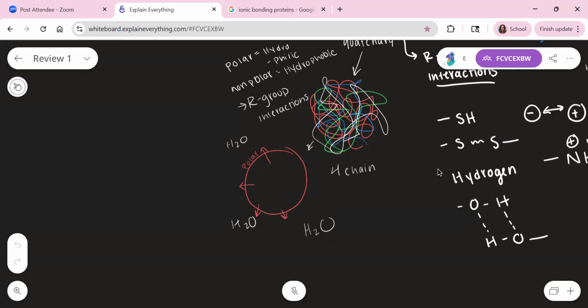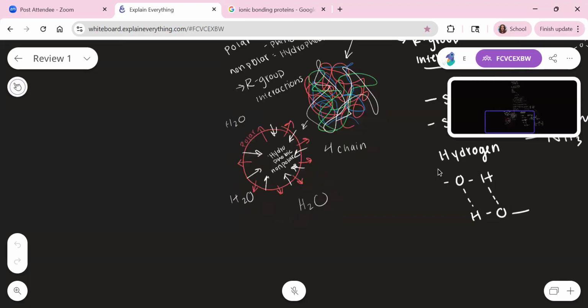They want to be near water. They can do some hydrogen bonding, they can have some weak interactions, but overall, they want to be near the outside. And my hydrophobic amino acids are going to start going in towards the middle because they don't like water. They don't want to be there. So they're going to go towards the inside. And we will have hydrophobic, which is also known as nonpolar. Does not like water. So it's going to be something like that.